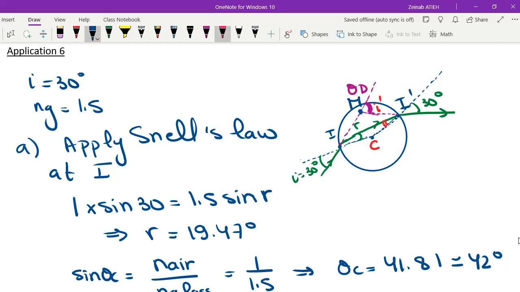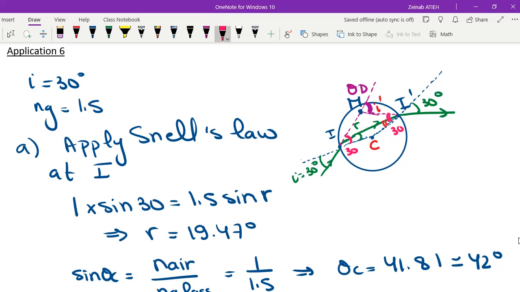This angle MIC, let me use pink, is equal to 30 in pink, since it is vertically opposite to 30, and the other angle MI prime C is also 30, vertically opposite to the 30 outside. Don't forget that the dotted line is the extension of the solid line, and that is the normal. So MIC is 30 and MI prime C is 30.